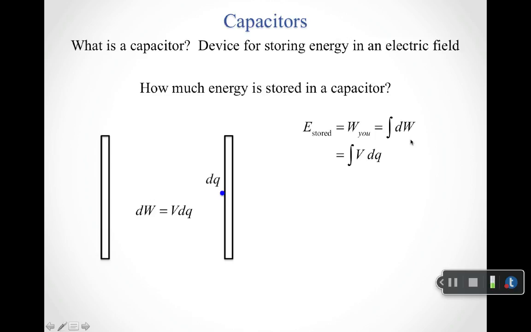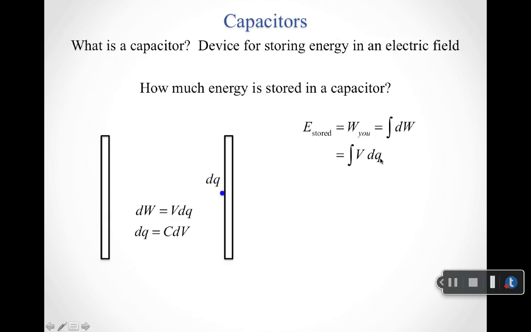So the work here is just going to be, well, our little charge times the change in potential, right? That's how we're changing the potential energy. So Q delta V, we basically are just writing it as V, the voltage, times dQ.